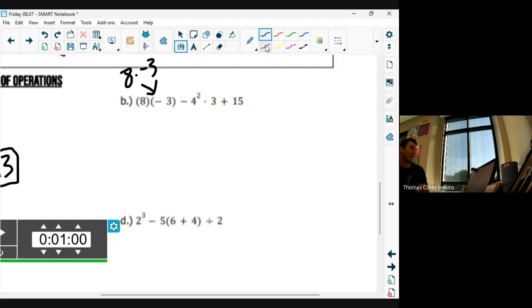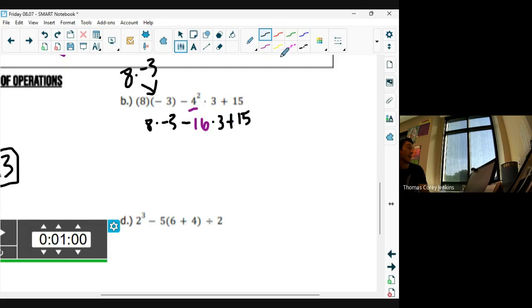So do we have exponents? Yes, right? There's an exponent. So that's what we want to do first. So 8 times -3 minus what? What's 4 squared? 16. Very good. Times 3 plus 15.